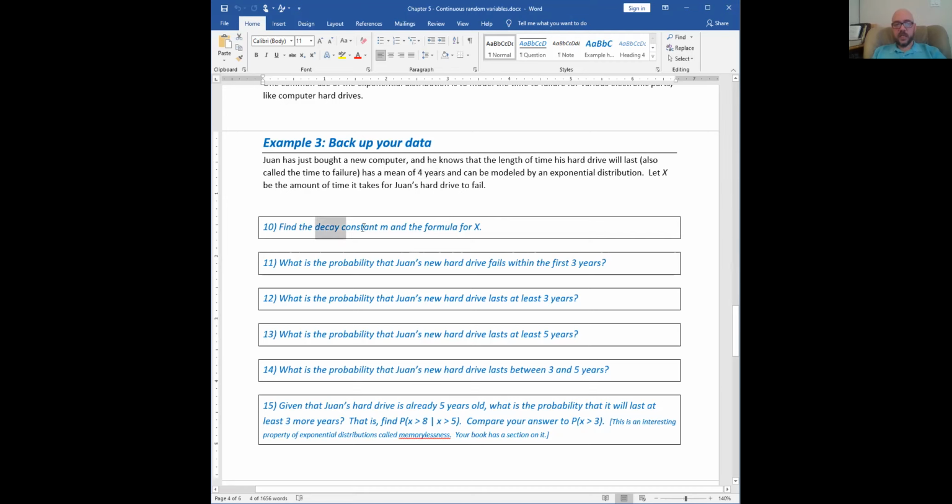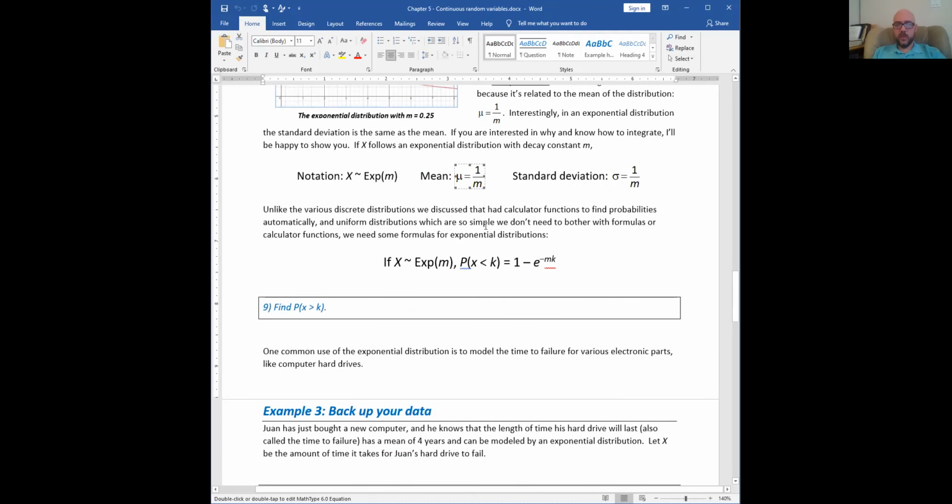And so if we want the decay constant m, we're going to use this relationship here, mu equals 1 over m.